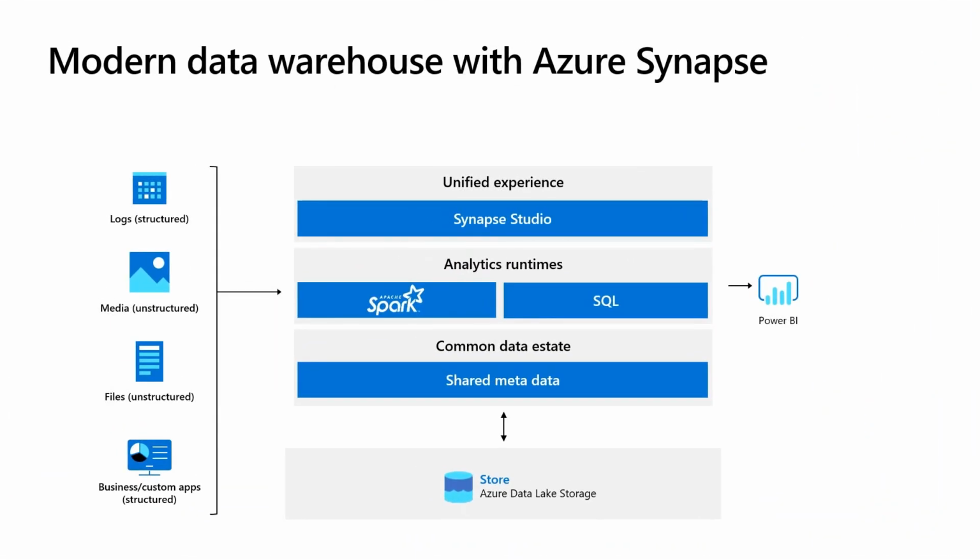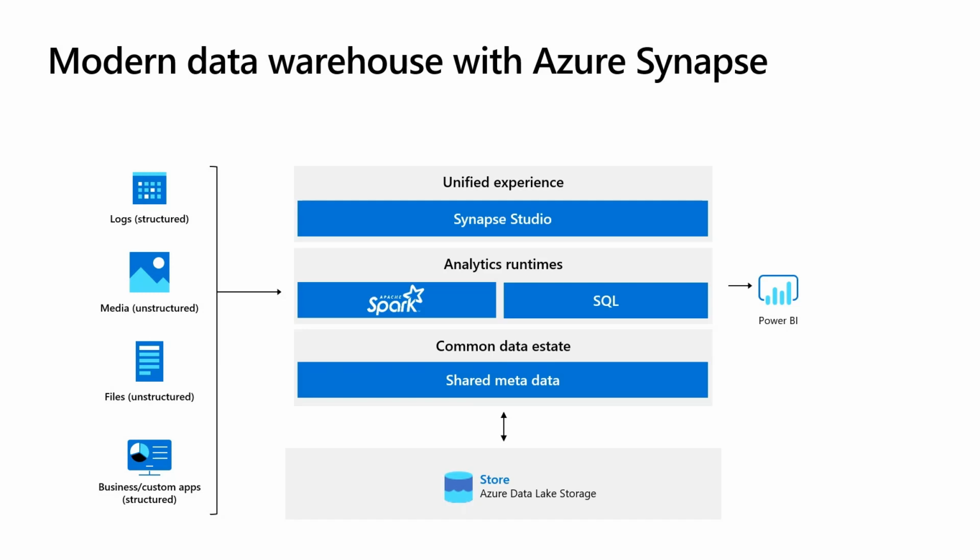And you'll see there immediately that we've got these multiple analytics runtimes like we saw in the previous architectural diagram. We've got Apache Spark. We've also got SQL, which comes in multiple forms, both as a provisioned format as well as an on-demand format. All of those runtimes are unified under Synapse Studio, giving a great user experience.